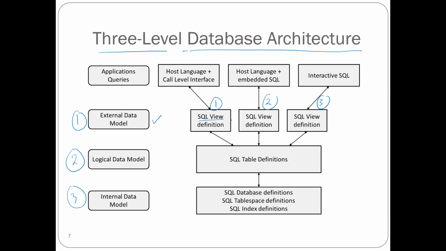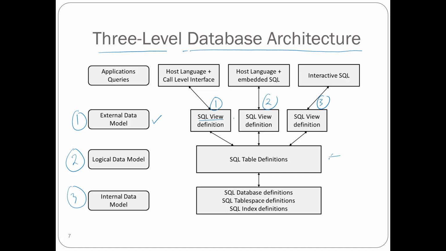That's one of the reasons why we define the external data model, which is for customization. There are other advantages as well, like authorization, data protection, security, I should say, and the other one is customization. These are the two basic reasons why we define the external data model. So using the concept of views in SQL, we can define the external data model.